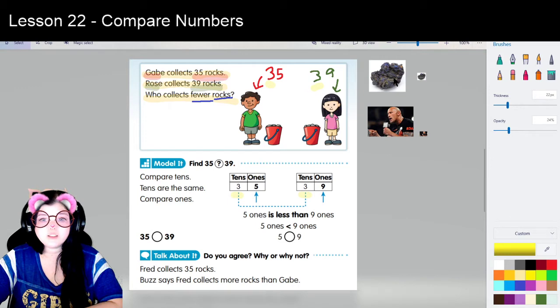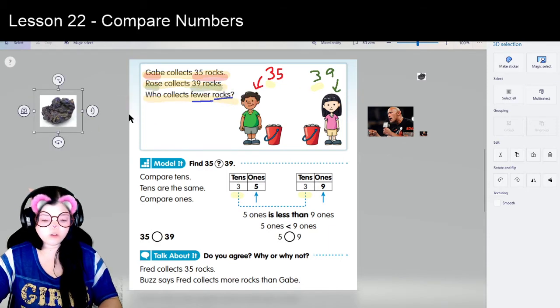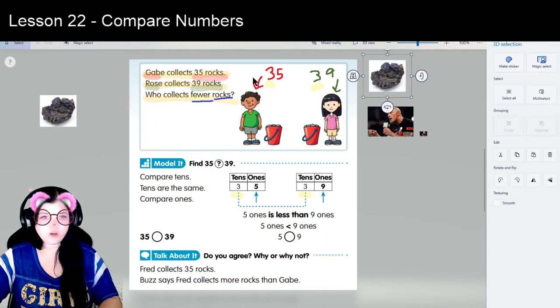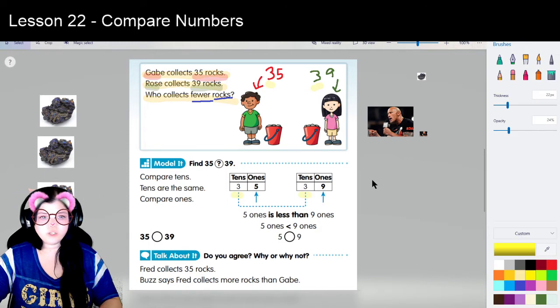So let's look at this. I'm making the bigger rock the tens. This is Gabe over here. He has 3 groups of 10, and then how many ones in 35? Let's look at our ones place. 5. You know by looking at place value that 35 has 5 ones.